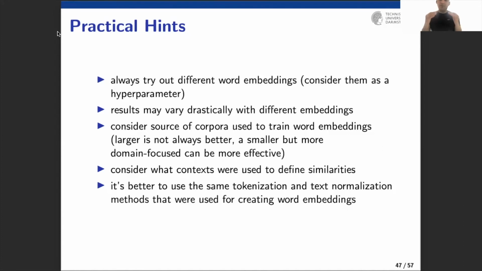So if we use a different tokenizer than the one used during training of the word embeddings, it's very likely that the words we get as the output of the tokenizer would differ from the tokens defined in the pre-trained word embeddings. By using the same tokenizer, we make sure that our tokens are available in this list of pre-trained word embeddings.